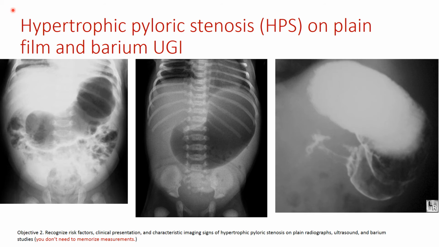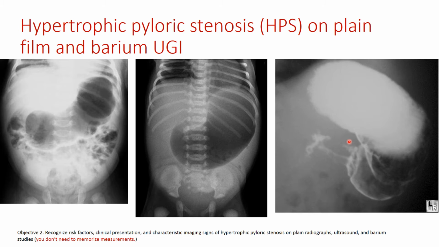The way we used to diagnose these was with a barium upper GI examination. And again, we'd have this distended stomach and then this long pyloric channel, very long and thin. Often we'd have 3 little stripes here instead of just 2. There's a little nipple sign up here.